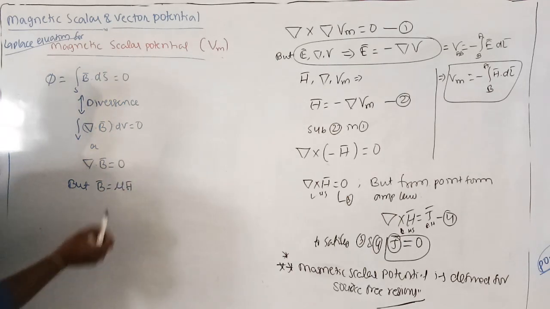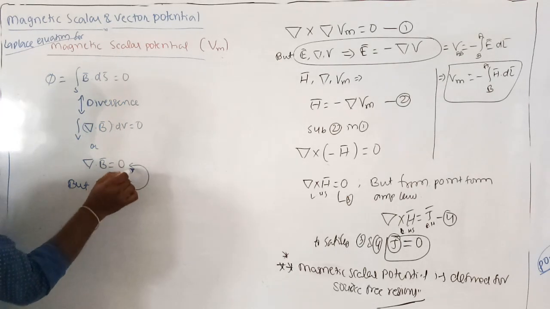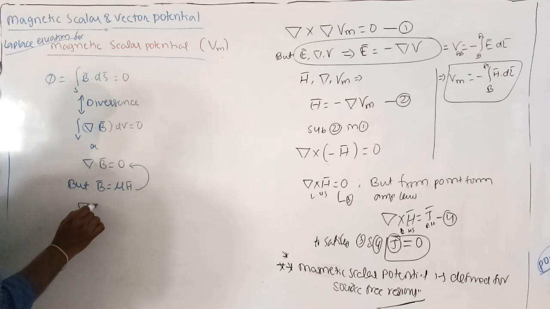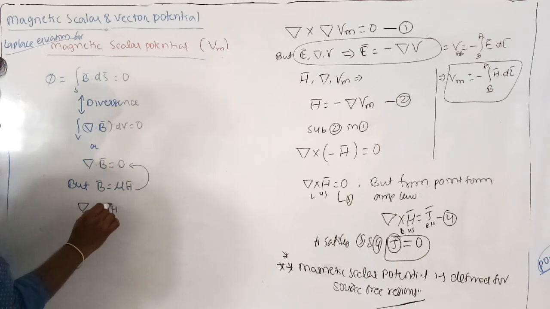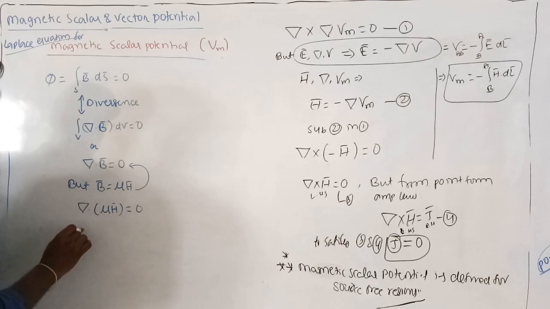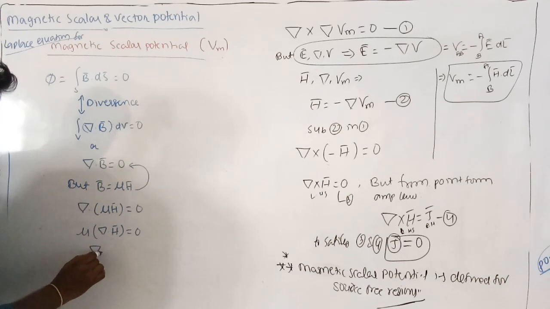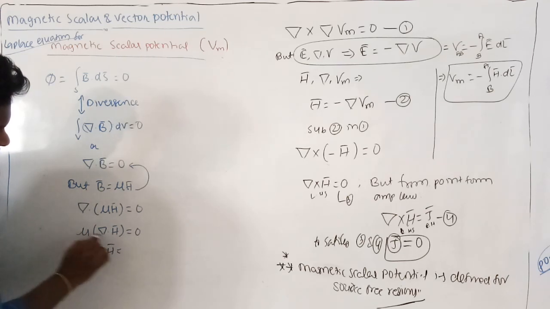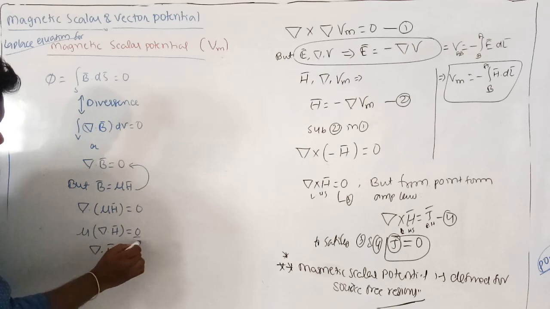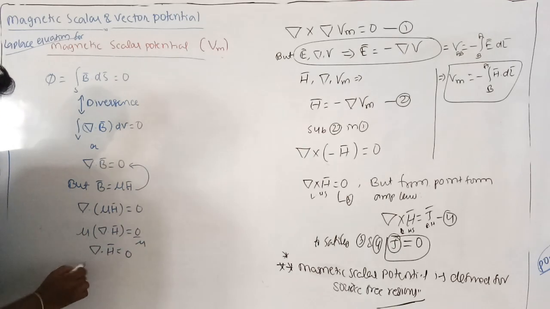So if you substitute this equation here, you will get del dot mu times H bar equals 0, or mu del dot H bar equals 0, or del dot H bar equals 0 by mu, which is equal to 0.